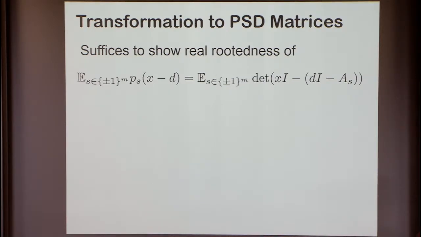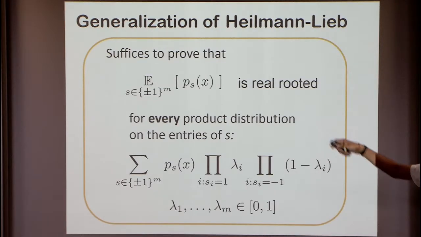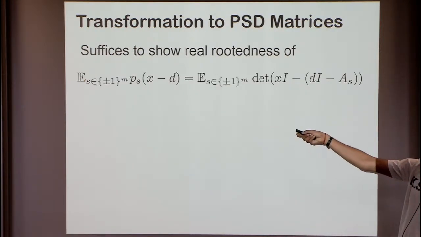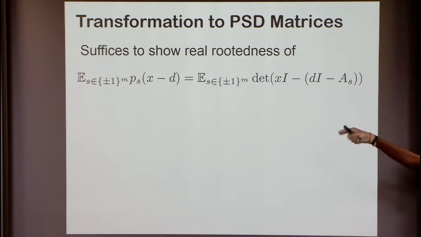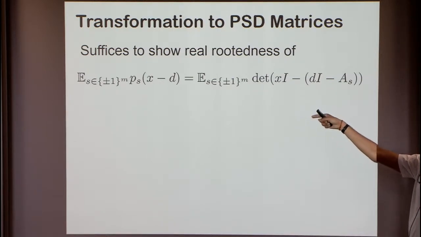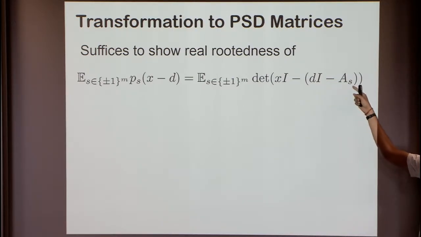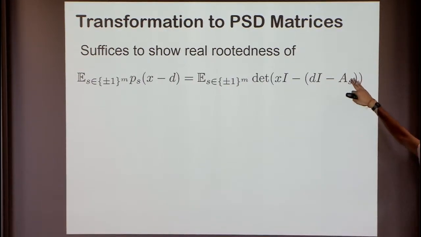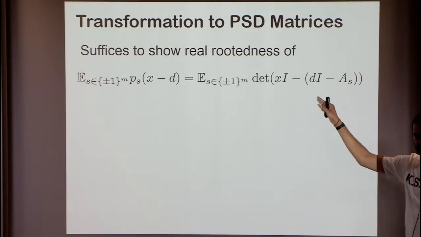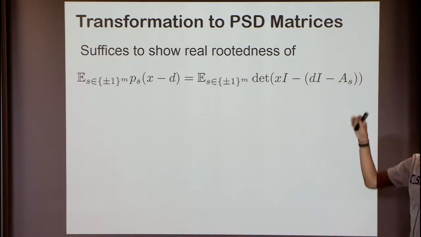I want to show this has real roots. Real roots don't change if I shift everything by D, so it suffices to show that the expected polynomial in x minus D has real roots. That's the expected determinant of xI minus D minus A sub S. Previously I just had A sub S here, and now I have a D. If there's no signing here, you recognize this as just a Laplacian. So you should think of this as a signed Laplacian.